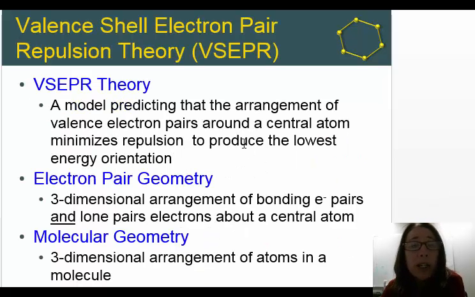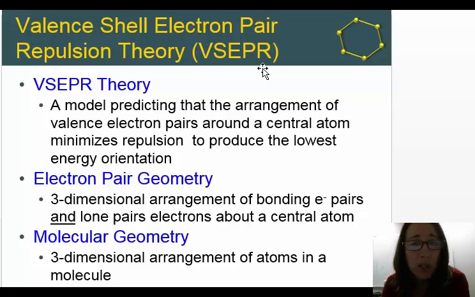So this is where valence shell electron pair repulsion theory, affectionately known as VSEPR, comes in. This is a model that predicts the arrangement of valence electron pairs around a central atom. So valence electron pairs can either be lone pairs or they can be bonding pairs. And once we know how many electron pairs are around a central atom, we can predict its geometry, because electron pairs are going to arrange themselves around a central atom to minimize repulsion.